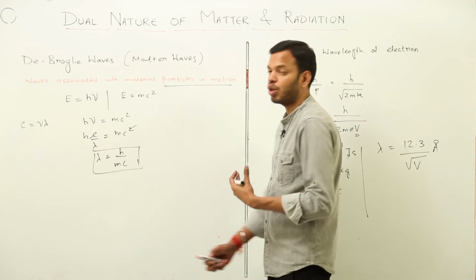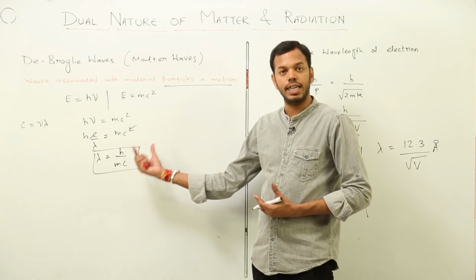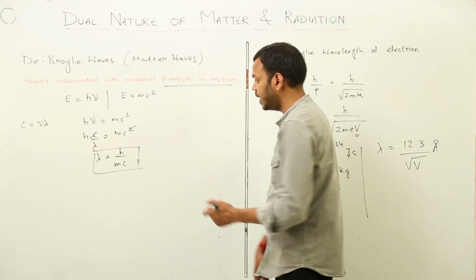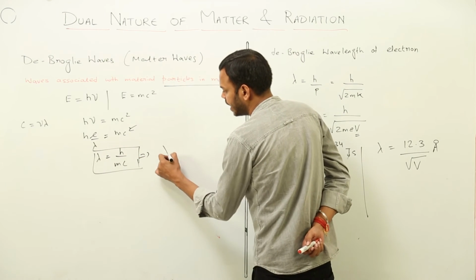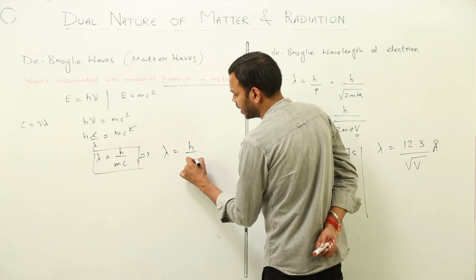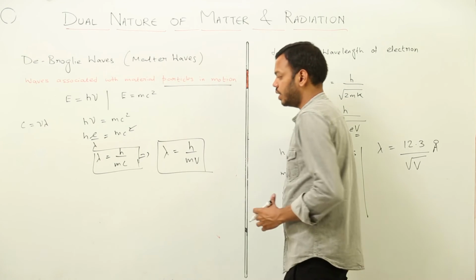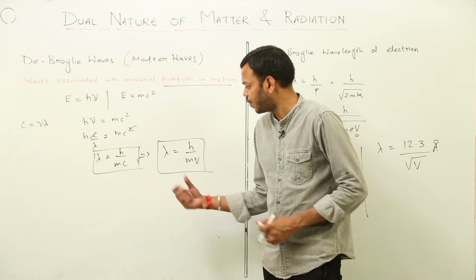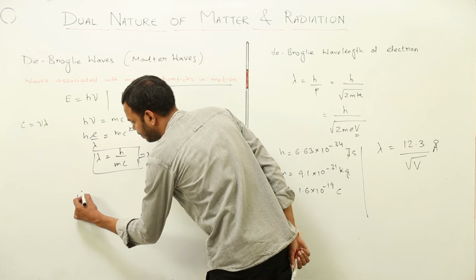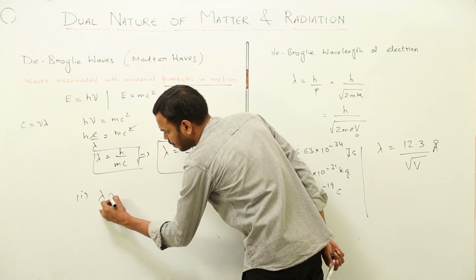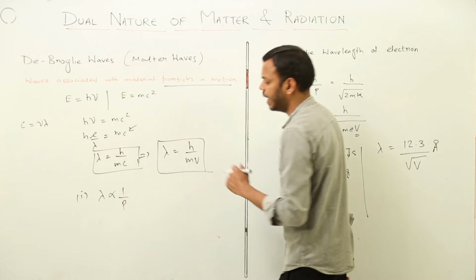But if I want to talk about the same thing for any other particle which is moving with velocity v, I'll get this equation as lambda is equal to h upon mv. This is the de Broglie wavelength. Now two important things here. First of all, number one, lambda is inversely proportional to the momentum of the body, mv.